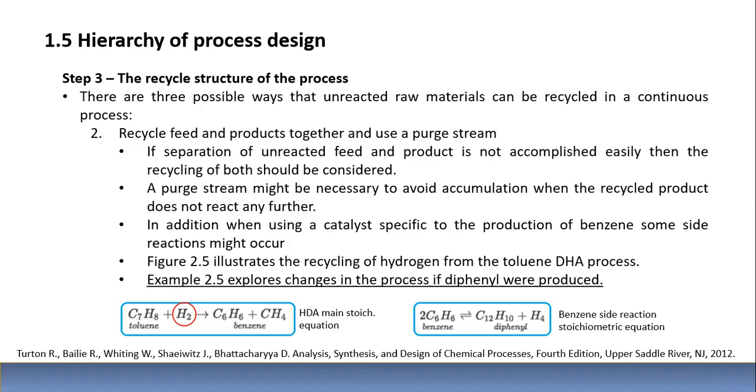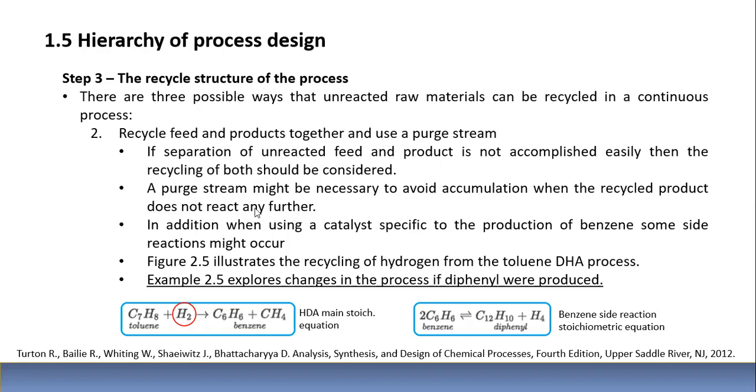Línea abajo en el proceso, no hay manera de separarlo, de manera de regresarlo al inicio del proceso. Si esto no es posible, then the recycling of both, es decir, el producto y los reactivos, should be considered. A purge stream might be necessary to avoid accumulation when the recycled product does not react any further.